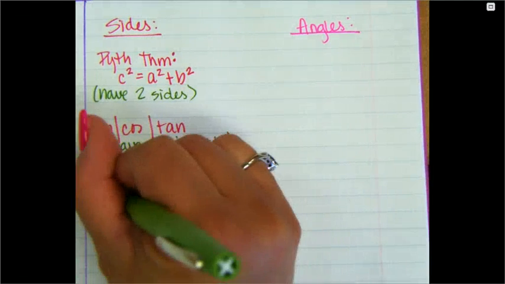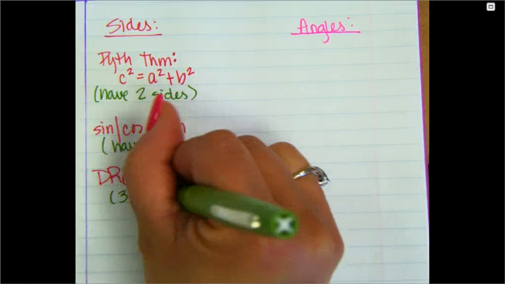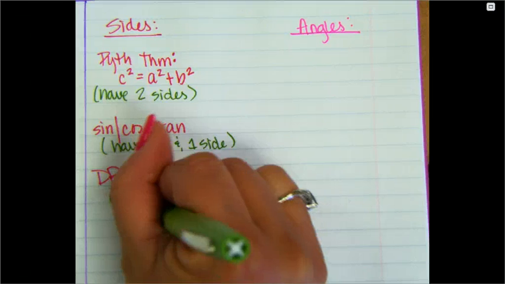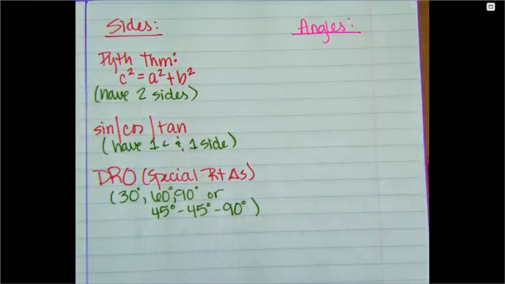You need a 30, 60, 90, or a 45, 45, 90. Okay? Any other way to find a side? Nope, I think we covered it all. Right?